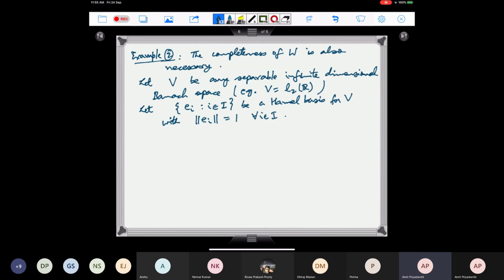So if you write e_i by norm e_i, that will become a norm 1 vector. So we can always assume that the basis consists of only unit vectors.